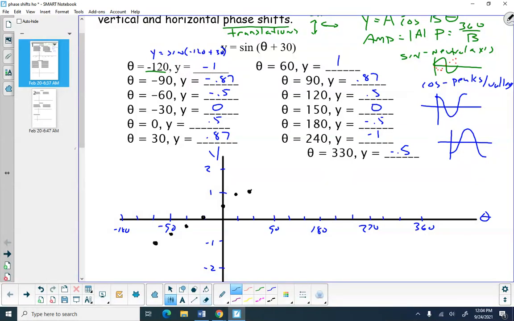90, we're at 0.87. 120, we're at 0.5. 150, we're at 0. 180, -0.5. 240, -1. 330, -0.5.